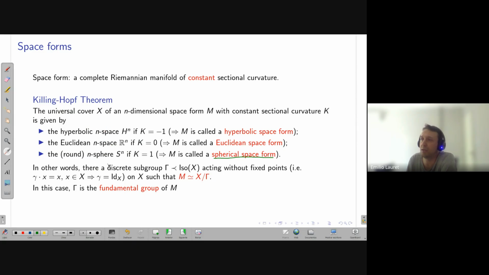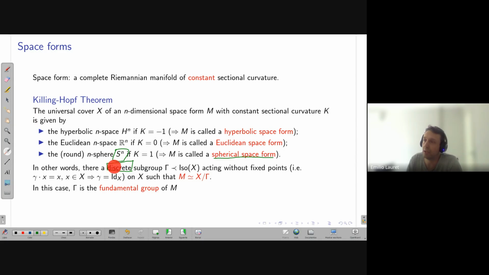Another way to say this is that there is a discrete subgroup, and we are going to be interested in this case, okay? Because the isometry group of the sphere is the rotations in the Euclidean n+1 dimensional space, this is compact, and discrete will be equivalent to finite in the case of n spheres, okay?